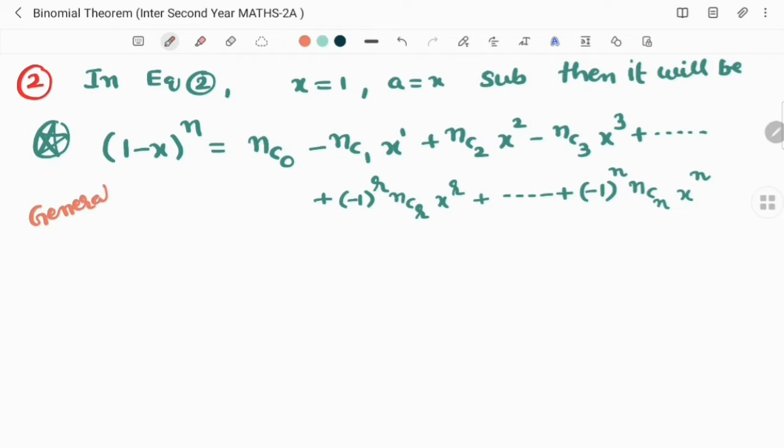The general term in this expansion is T(r plus 1) is equal to minus 1 whole power r nCr into x power r.